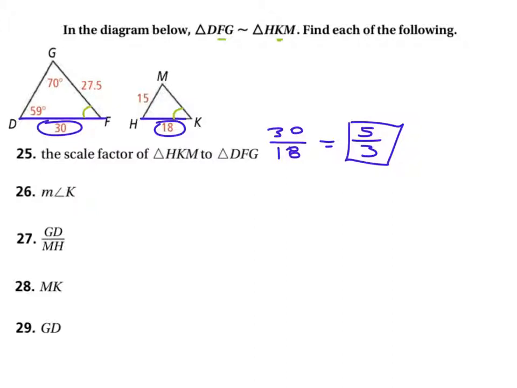So the measure of angle K is whatever F is. So let's calculate what F is. Here, you can see that this one's 59 and this one's 70. We can calculate what the third angle is.